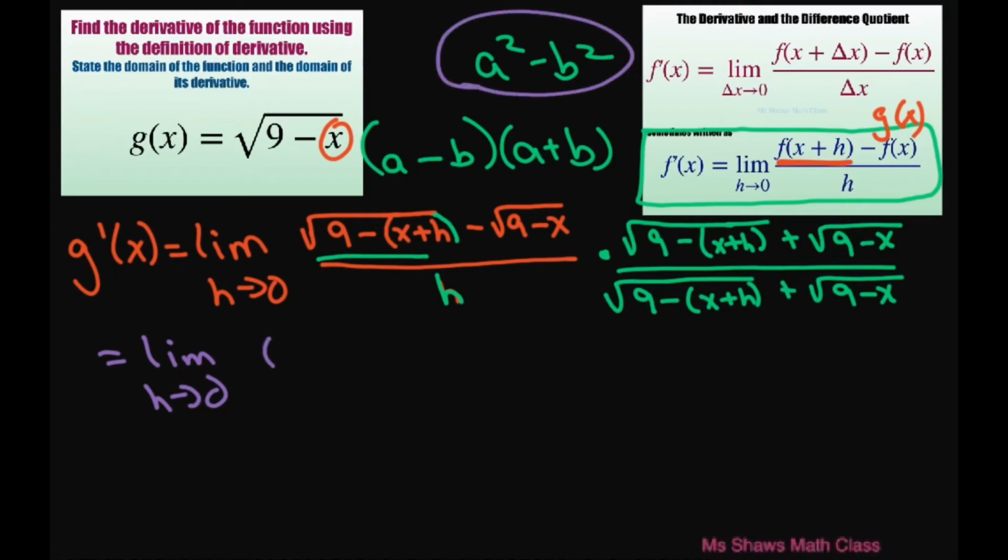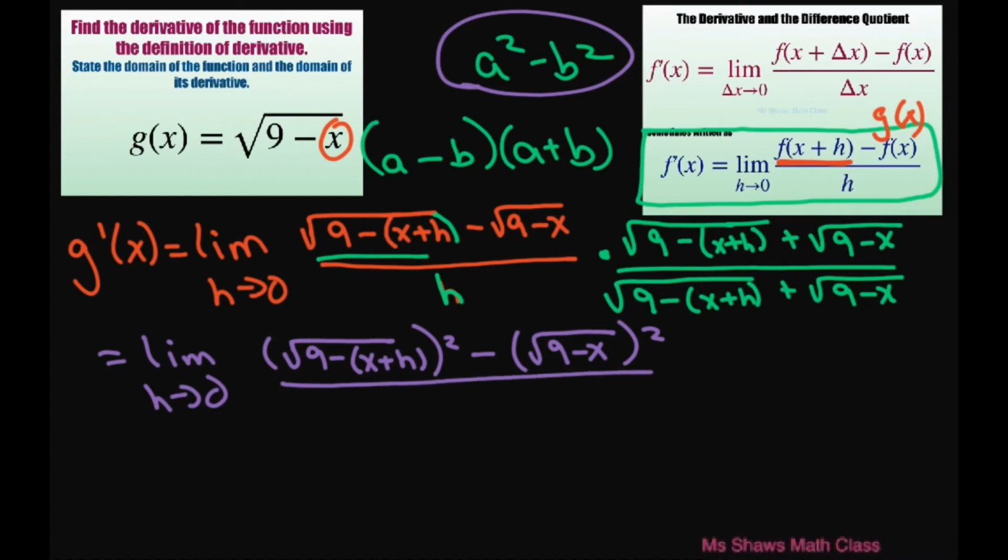So you're taking your square root of 9 minus x plus h and squaring it, minus your square root of 9 minus x and squaring that, all divided by h times square root of 9 minus x plus h plus square root of 9 minus x.